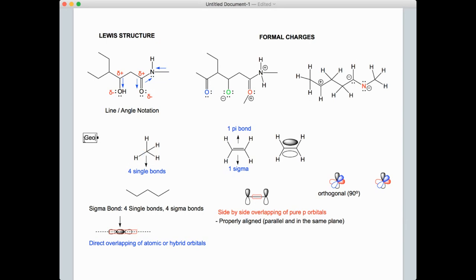You can imagine that if there are four clouds of electrons around this carbon, the ideal 3D shape to keep these clouds of electrons as far as possible from one another would be a tetrahedral structure.